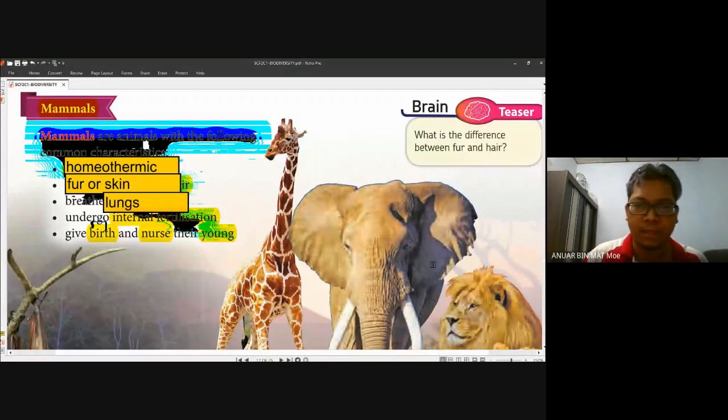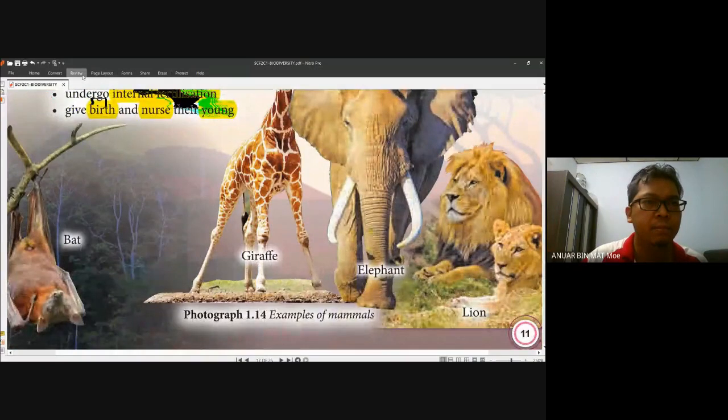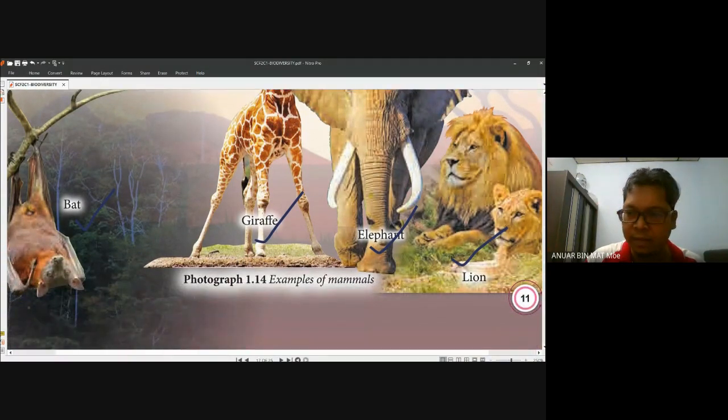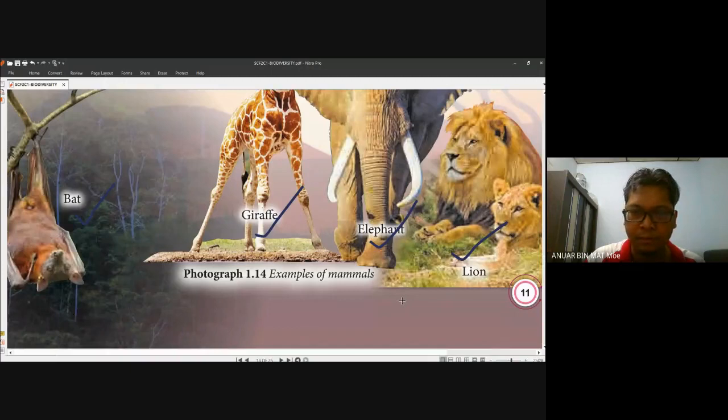Okay, examples of animals in mammals. Number one, bats, giraffe, elephant, lion, and most of the bigger animals are under the category of mammal vertebrates.